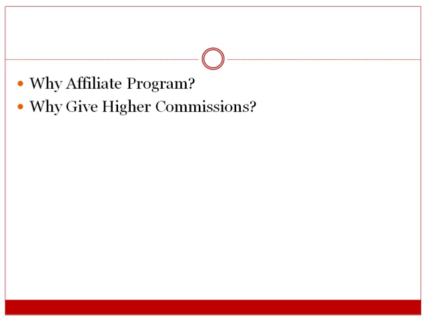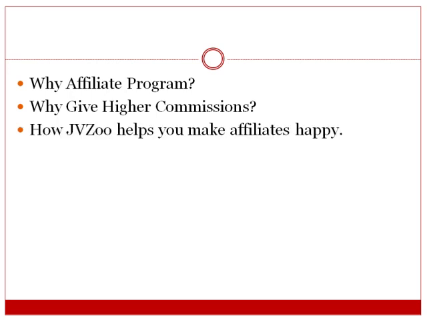You can also do it in a manner where you give certain affiliates higher commissions for bringing in more customers. So definitely make your affiliates happy, make them feel valued, and reward them if they are bringing a lot of sales to your product. And JVZoo helps make your affiliates happy because it's all about instant payments.